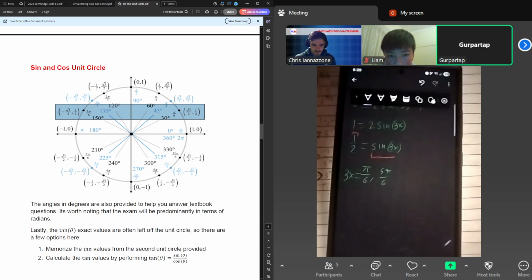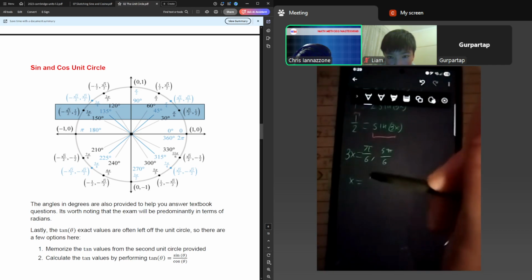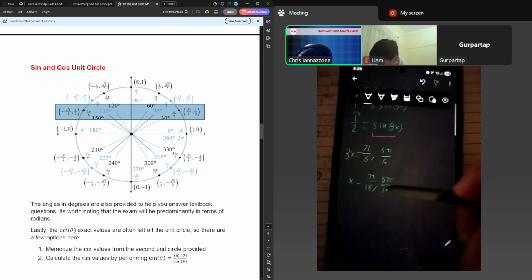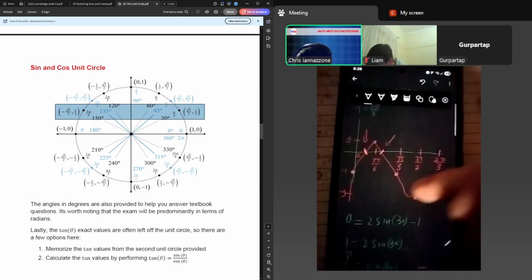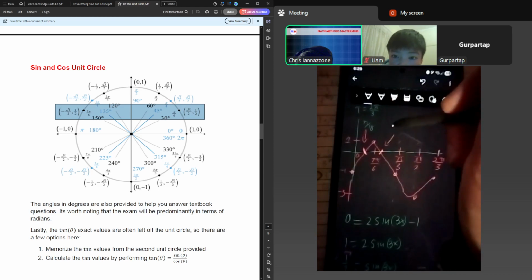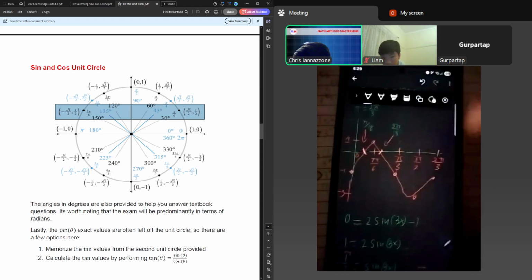Pi on 6 divided by 3. Yep. Just divide both of them by 3. And then 5 pi on 18. That's it. So this one here is pi on 18. This one's 5 pi on 18. Those two values.